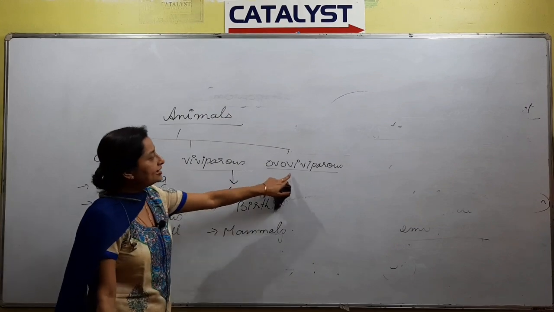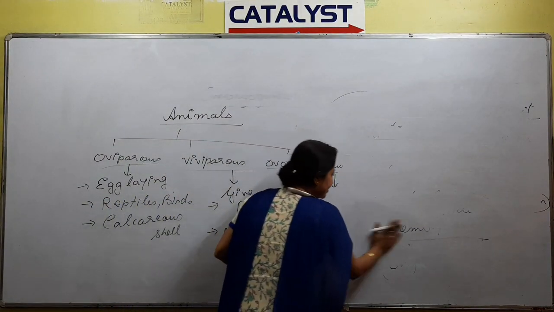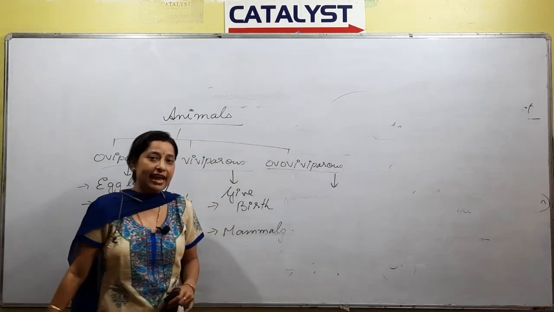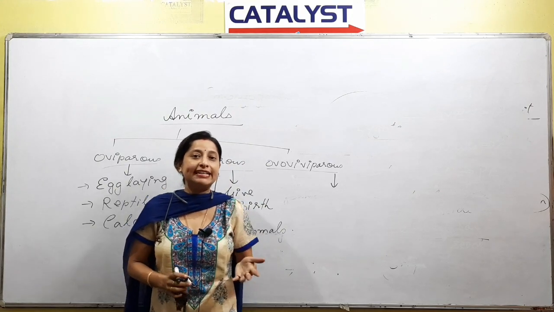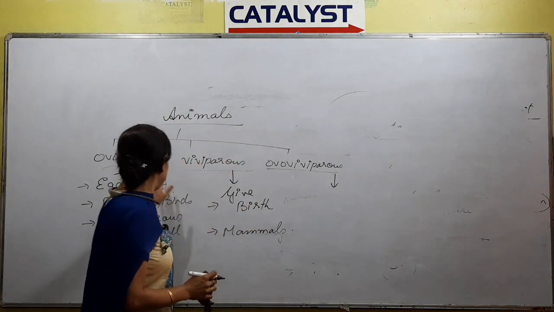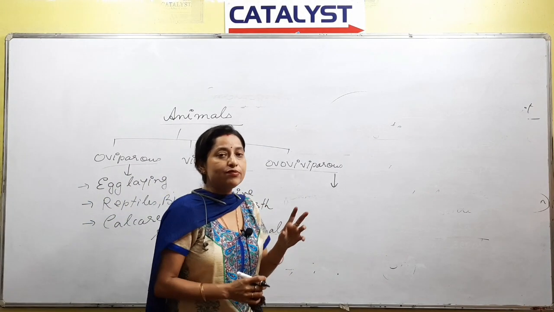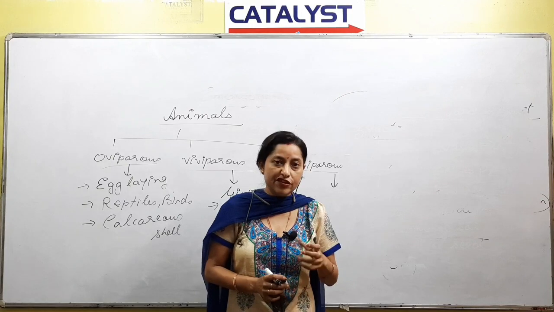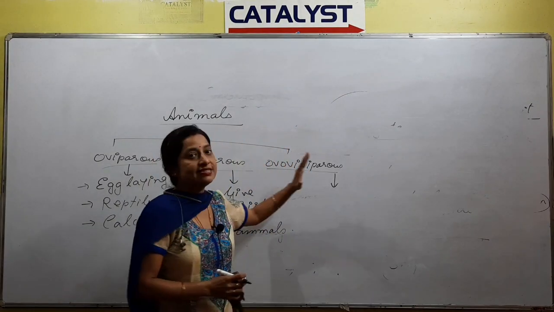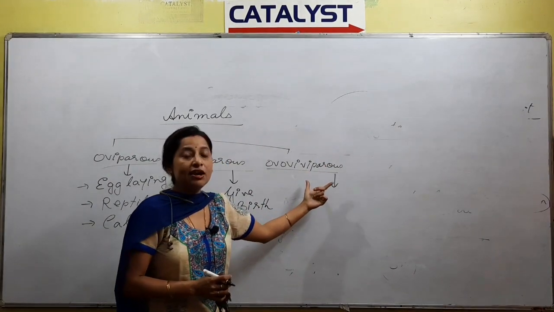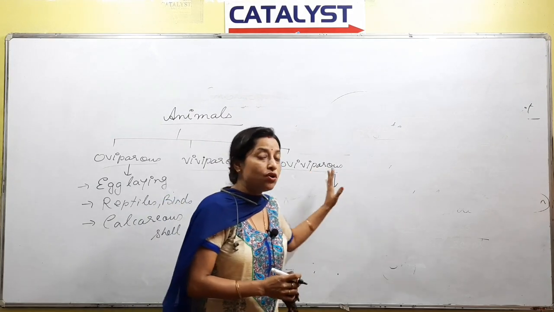Okay, coming to the third category, that is ovoviviparous. In this case, there are certain animals that produce eggs, but the eggs hatch inside the body of the female, right? Oviparous organisms lay eggs, viviparous organisms give birth, and if both processes are seen together, that is called ovoviviparous.